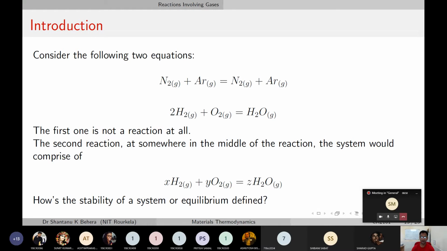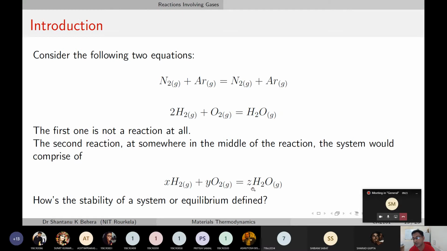If you let the closed reaction go to equilibrium, it might so happen that some hydrogen would react with some oxygen, of course stoichiometrically, and form water. But in the system, some hydrogen and oxygen would still be left, and some water would be formed.